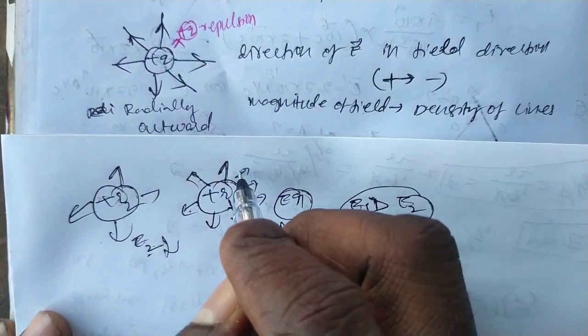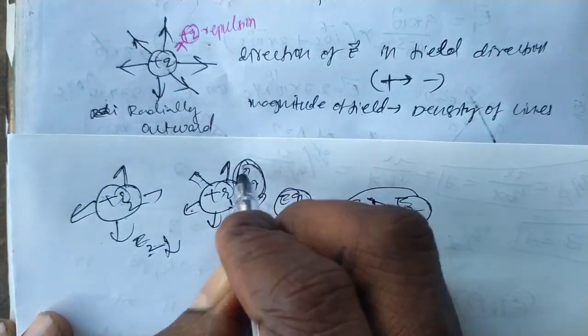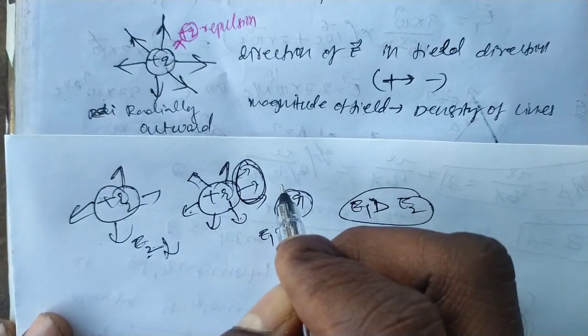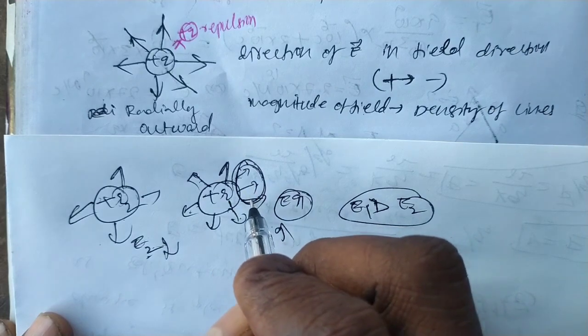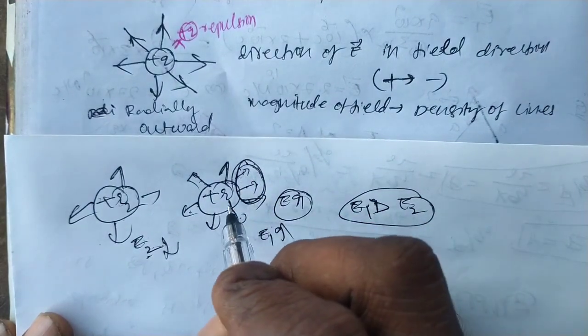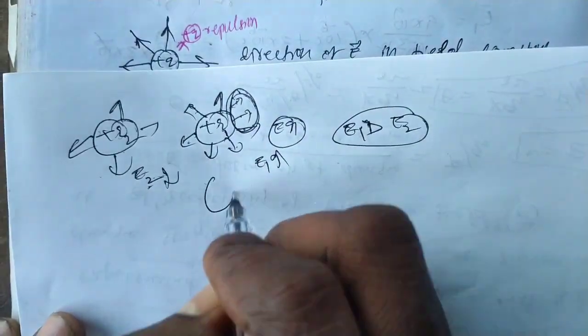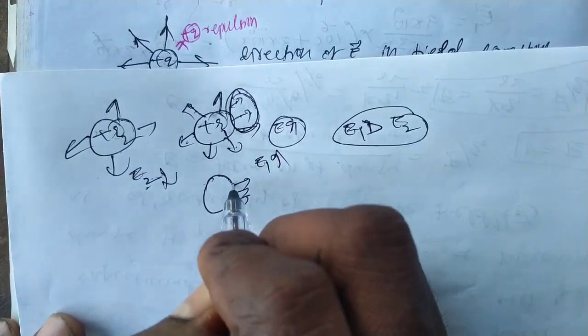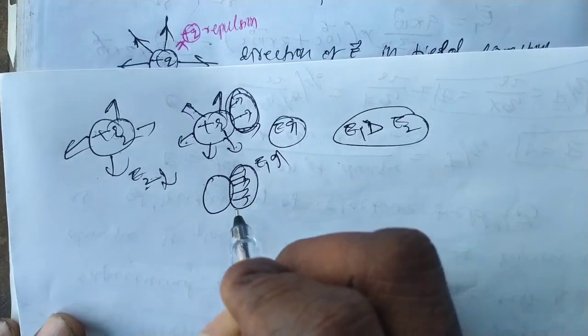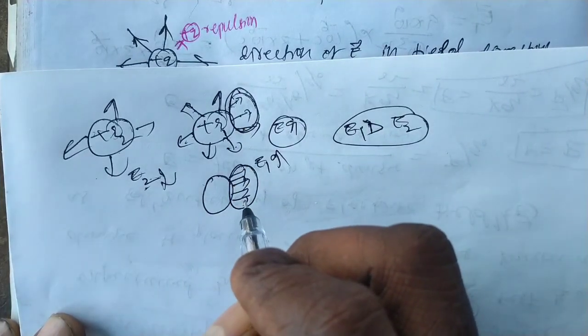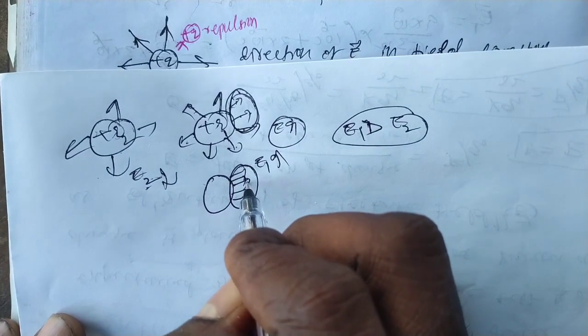In the textbook it is density: how many lines pass through some space? Here only 3 lines pass. In the same area, for another charge, the number of lines produced is 1, 2, 3, 4, 5.